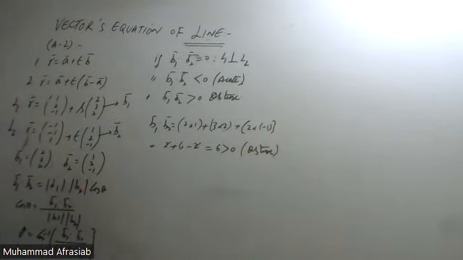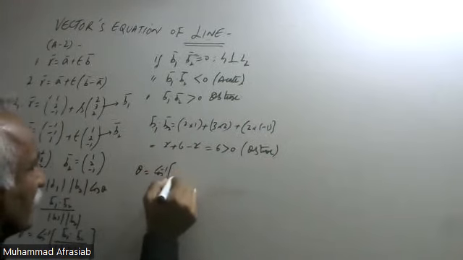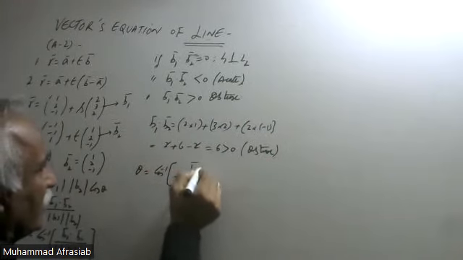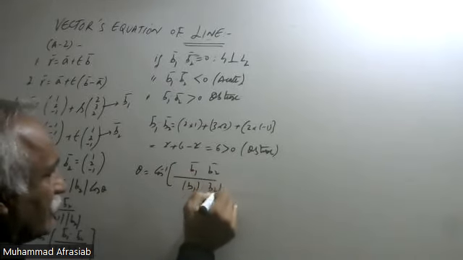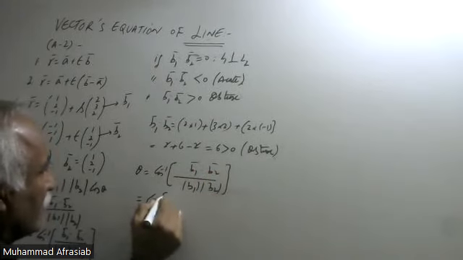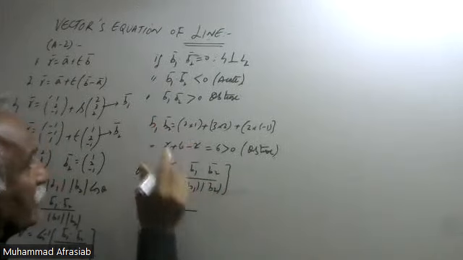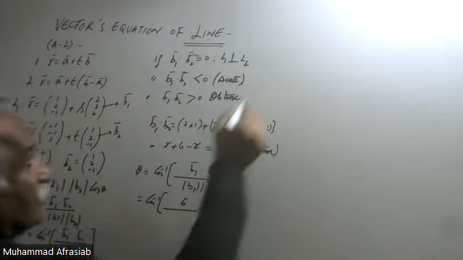And we can calculate it like this: theta is equal to cos inverse of B1 dot B2 over B1 magnitude times B2 magnitude. So that is equal to cos inverse of 6, since we have calculated B1 dot B2, over B1 magnitude.